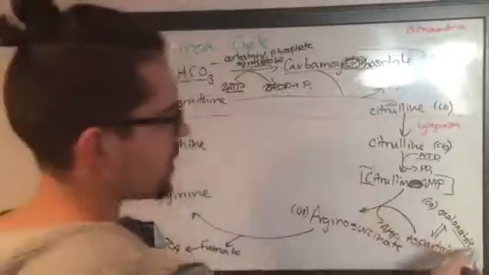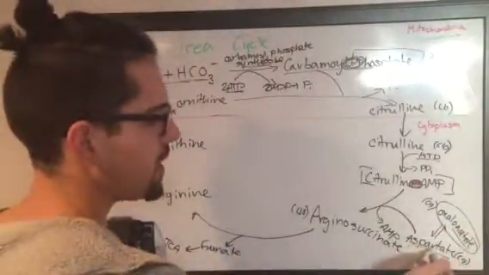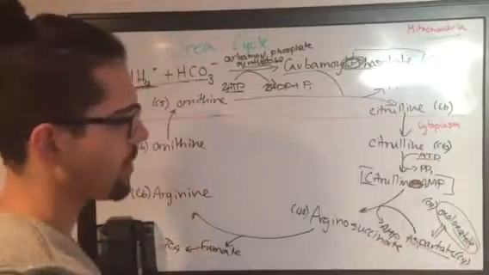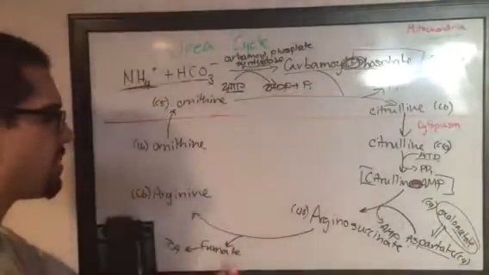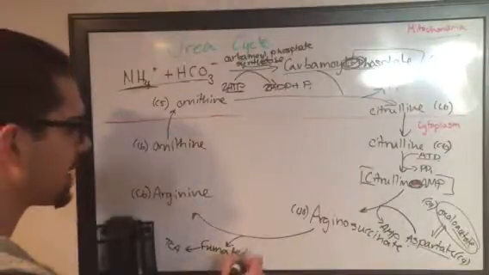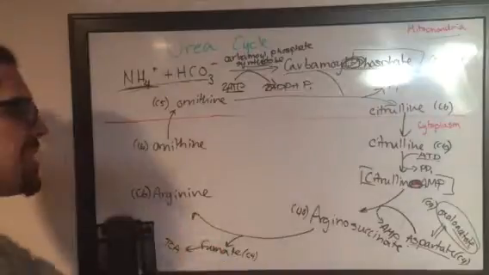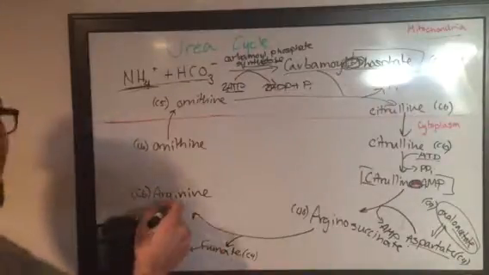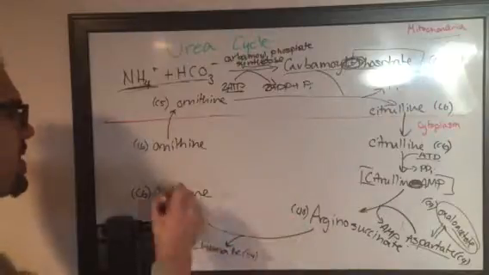If you'll notice, we took out a TCA cycle intermediate in the form of the alpha keto acid, oxaloacetate. We're adding a TCA cycle intermediate back in so that we balance everything out. Again, this fumarate was C4, which means this arginine is going to be C6 because we minus C4 from C10.